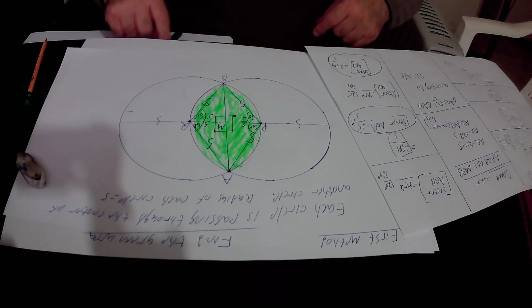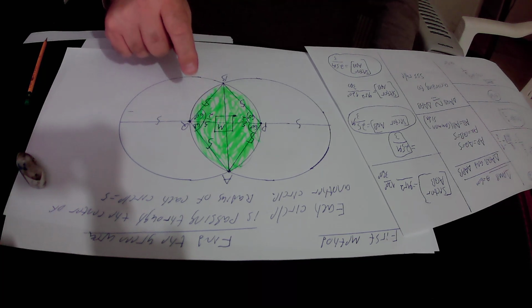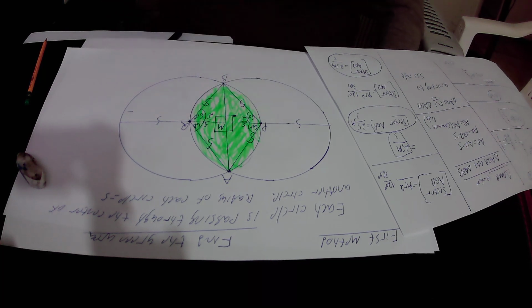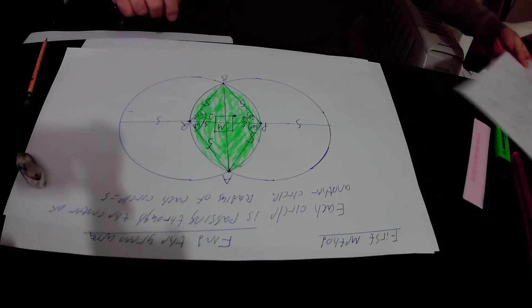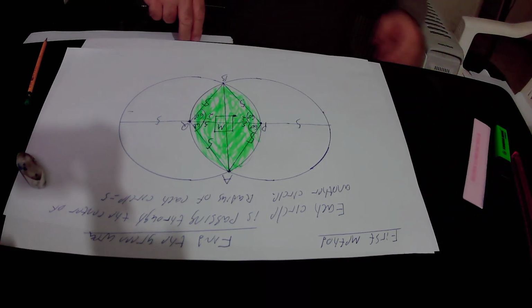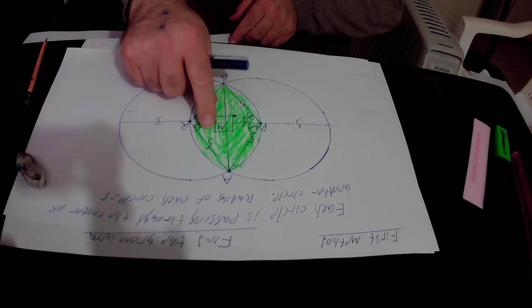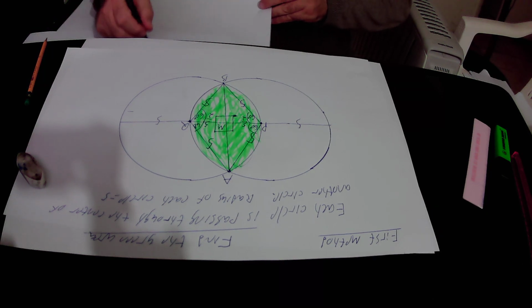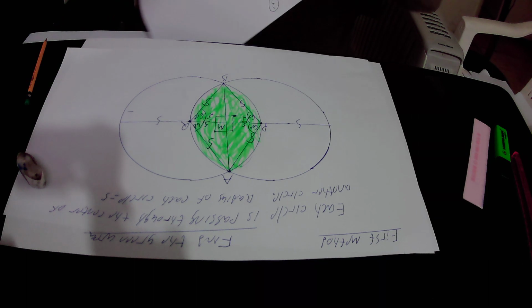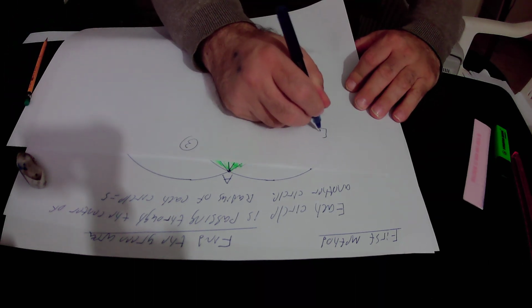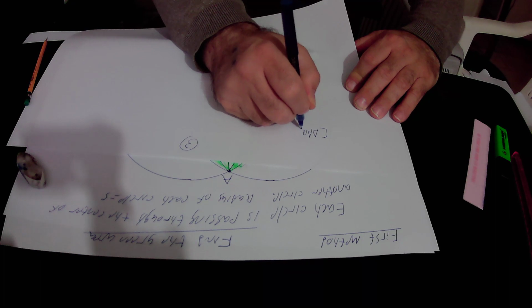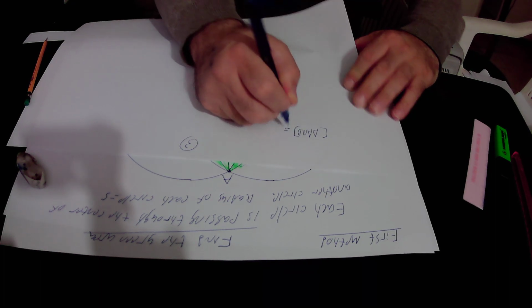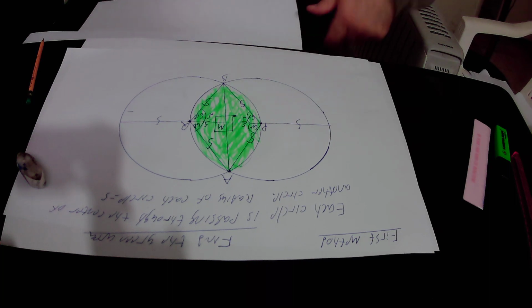So we found out that the area of sector AQB equals the area of sector APB. Likewise, the area of triangle AQB will be equal to the area of triangle APB.